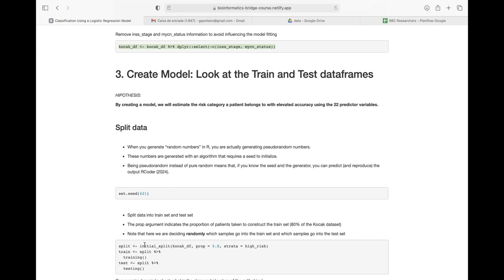And in order for R to be able to split the data frame randomly, I'm going to use this initial split function, and I'm going to specify the proportion of samples, or the proportion of the 498 patients that I want in the train data set. And in this case, I want 80% of the patients in the train set.